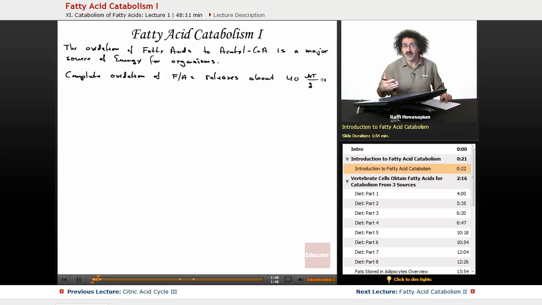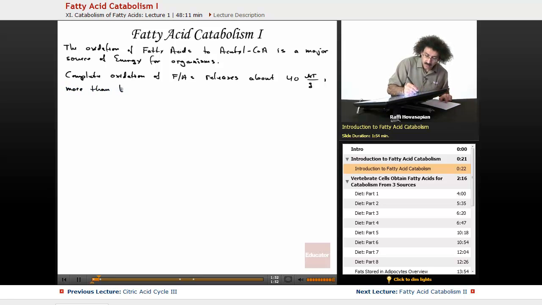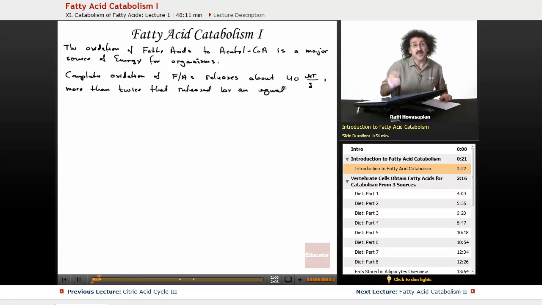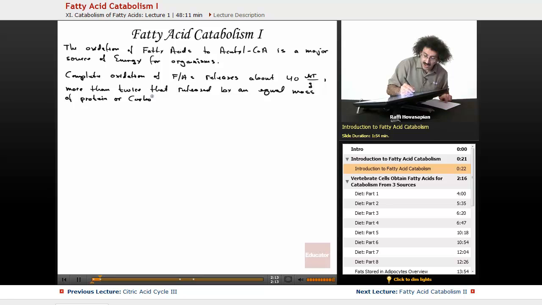That's a lot of energy. More than twice that released by an equal mass of either protein or carbohydrate. Okay.